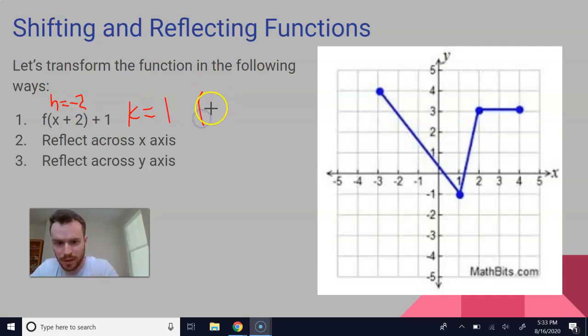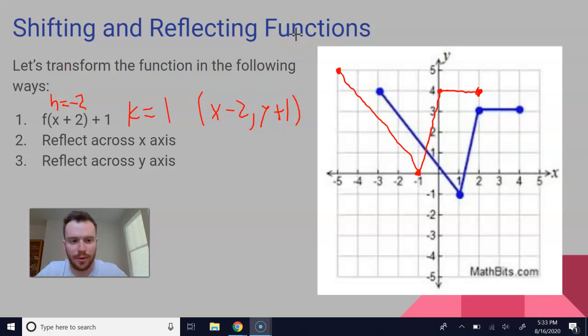So we're going to take the x values and subtract them by 2, and we're going to take the y values and add 1. So let's do that to every point. So I'm going to go left 2, up 1, left 2, up 1, left 2, up 1. Those lines are completely straight.